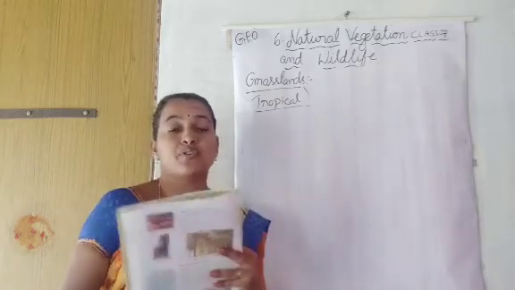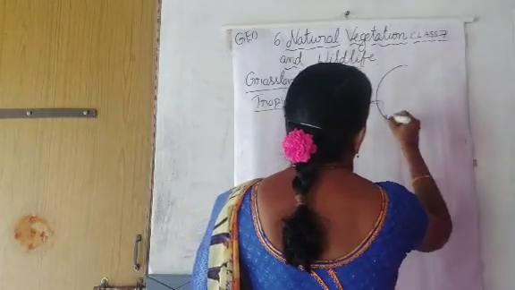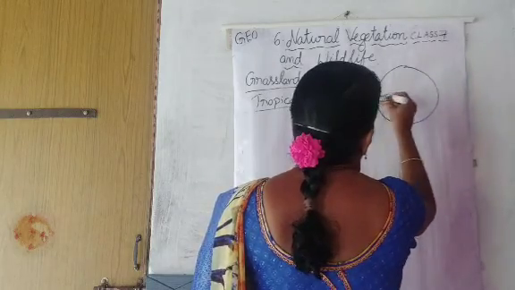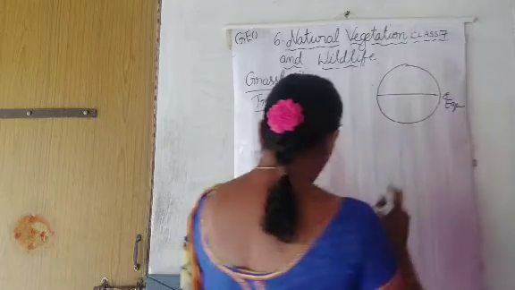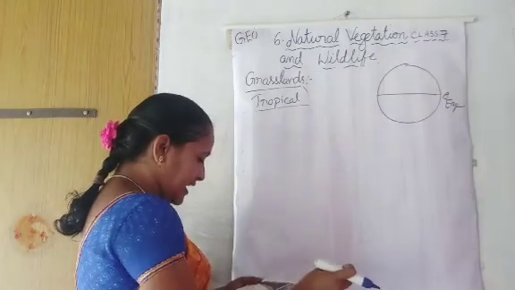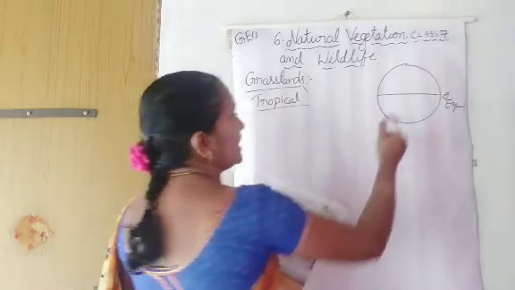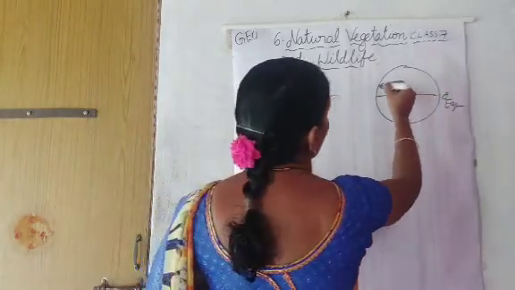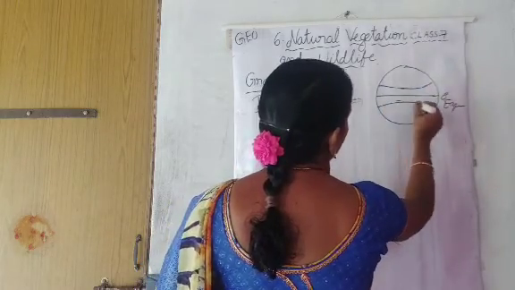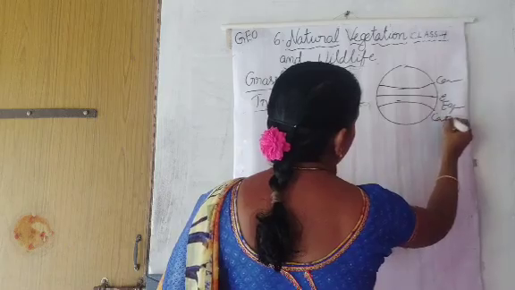Yesterday I have shown you. This is 0 degrees, the equator. So they will extend from where? They occur on either side of the equator and extend up to the tropics. This is the Tropic of Cancer and this is the Tropic of Capricorn.